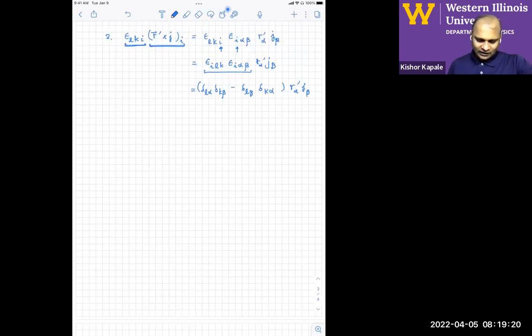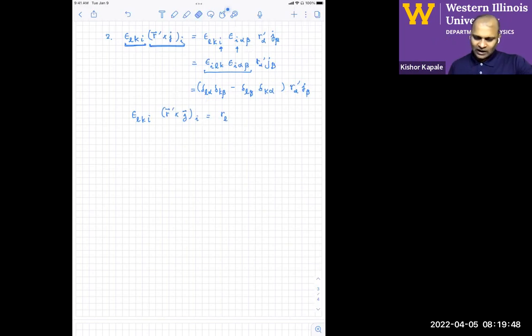So what we have here now, epsilon L K I, R prime crossed with vector J, I component, is now RL. So if you move the deltas around and take care of the Kronecker deltas, then you know the substitution rule. You can choose to keep one of the indices. So we're going to keep the first one, and anytime there is a second index reappearing again, you need to replace it with the first one.